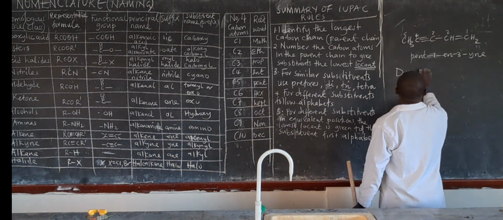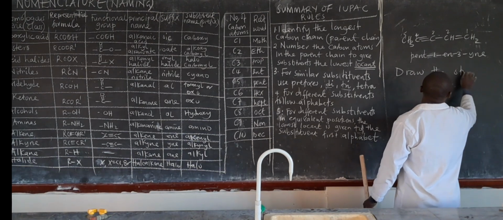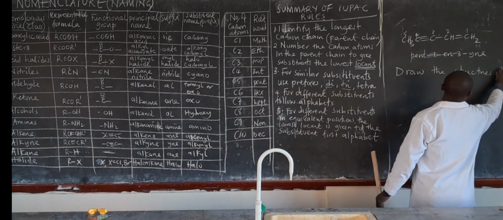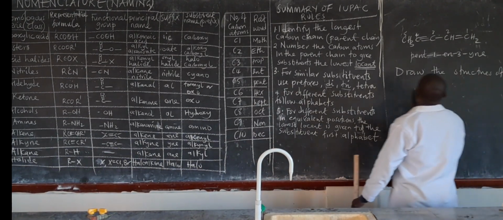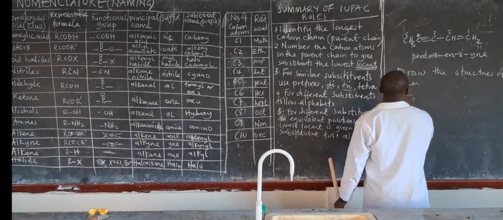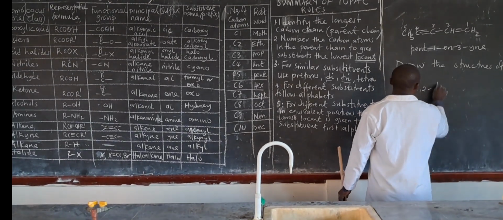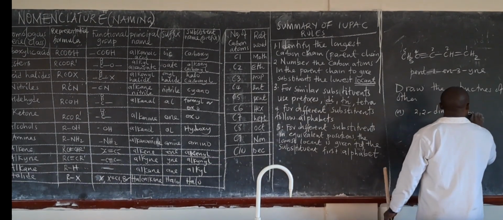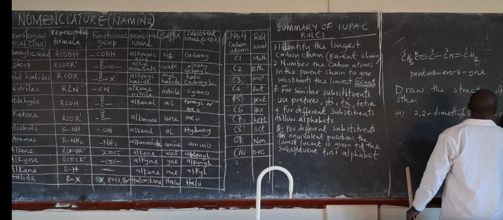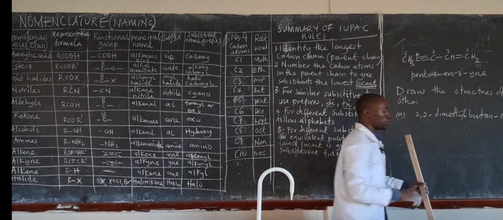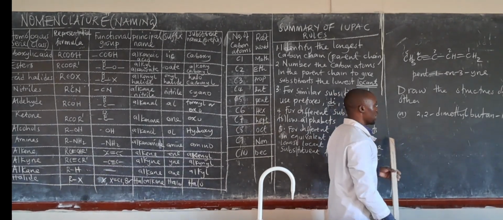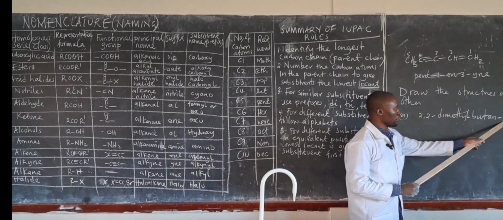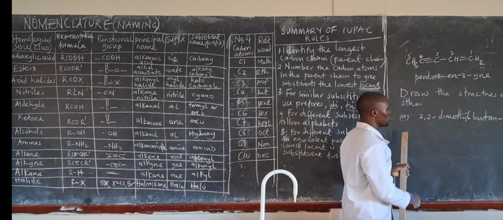Let's have a change of question: draw the structure of each. 2,2-dimethylbutan-1-ol. So let's check how you draw the structure. You first look at the parent name here and the carbon atoms.